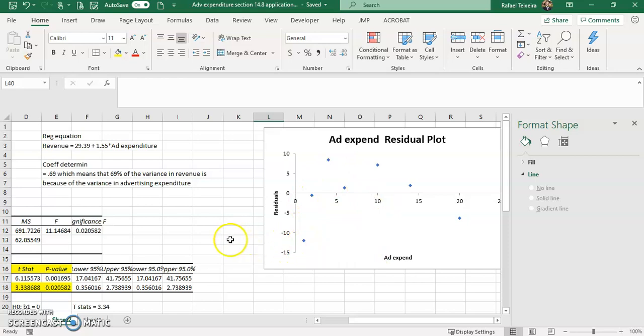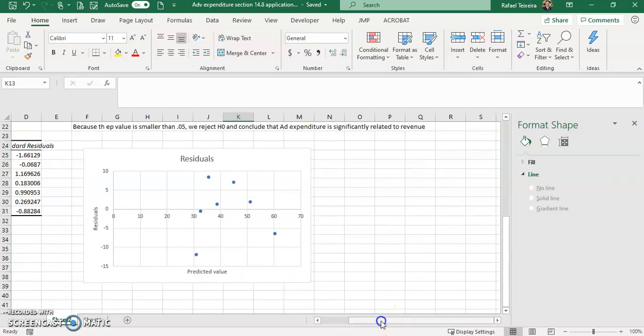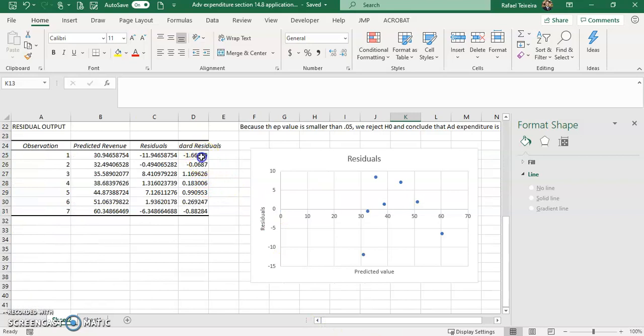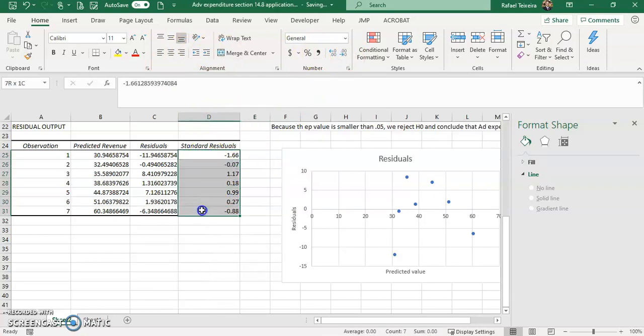But let's take a look at the standard residuals. We have them here, and it seems that there is no problem. Why? Because we're looking for values between -2 and 2, and they're all between -2 and 2.